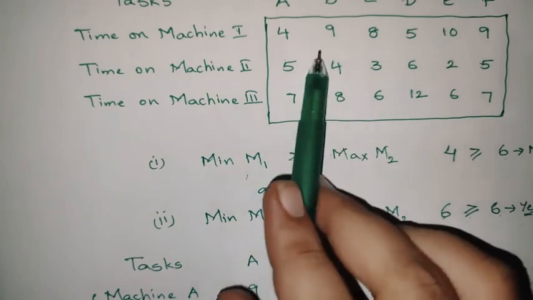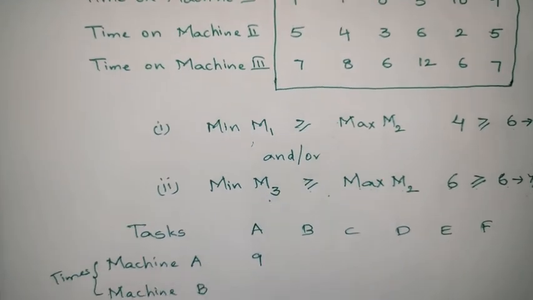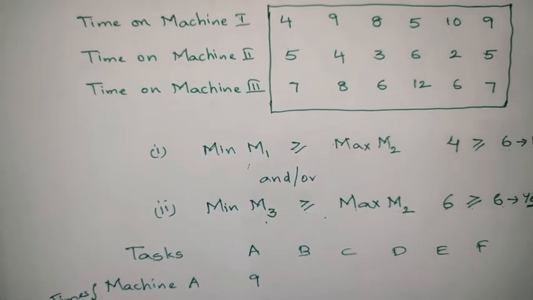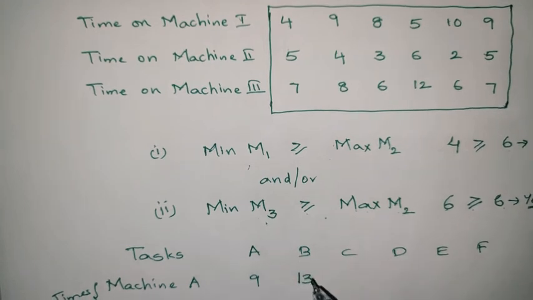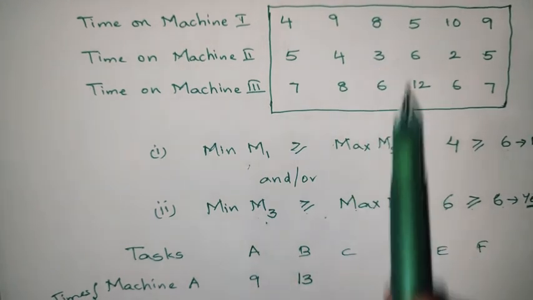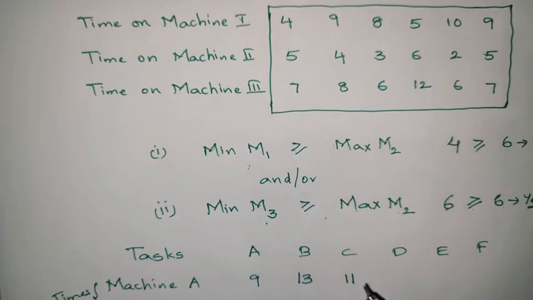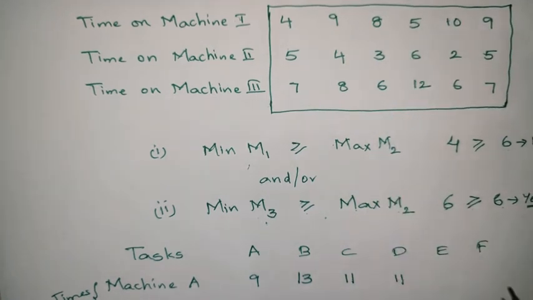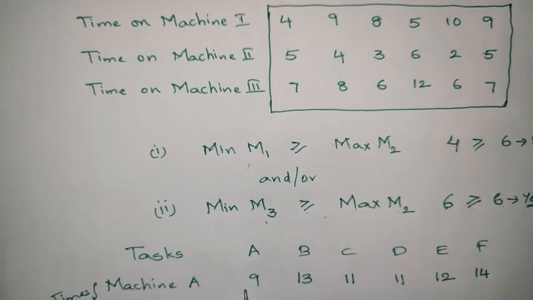Next 9 plus 4, it is 13. 8 plus 3, 11. 5 plus 6, 11. 10 plus 2, 12. 9 plus 5, 14. So now these are the process times of machine A.